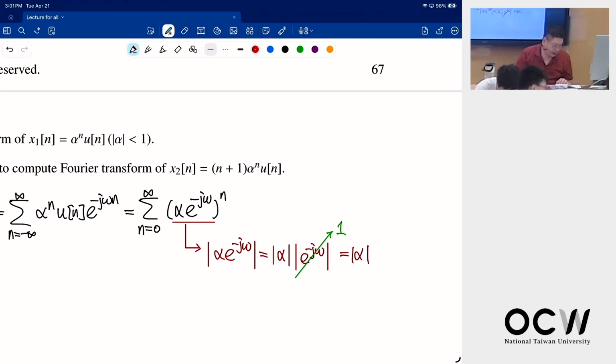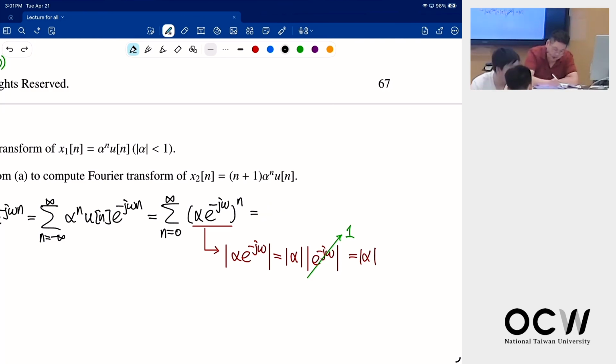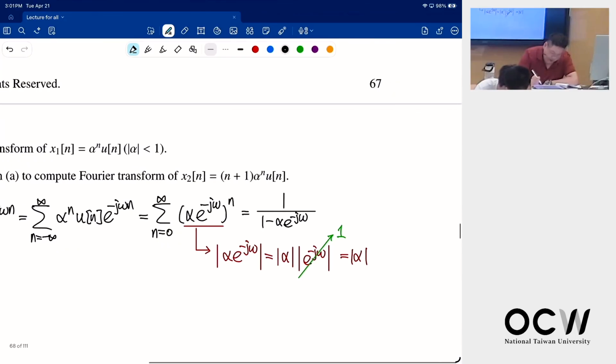So it's bounded. And it's X1(omega), but before that it should be a geometric series: 1 over 1 minus alpha e^(-j omega). So that's X1.